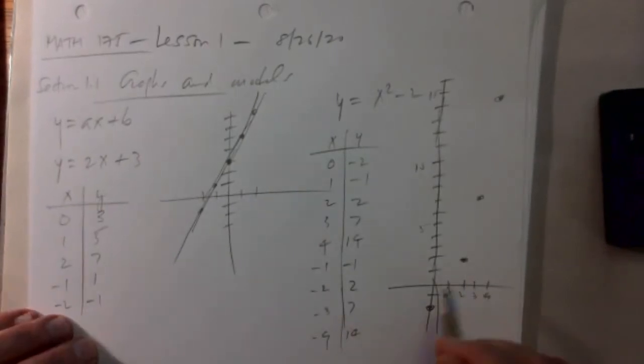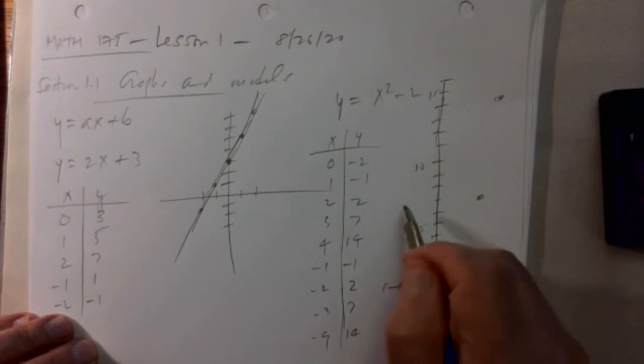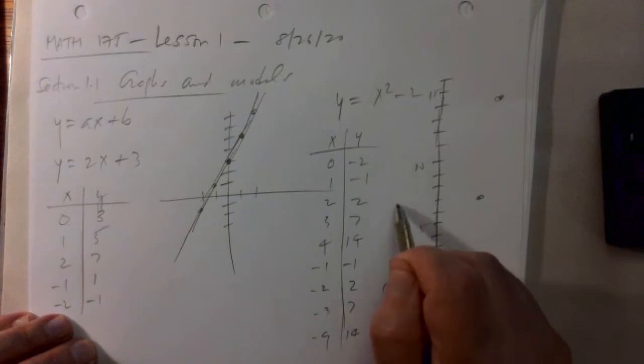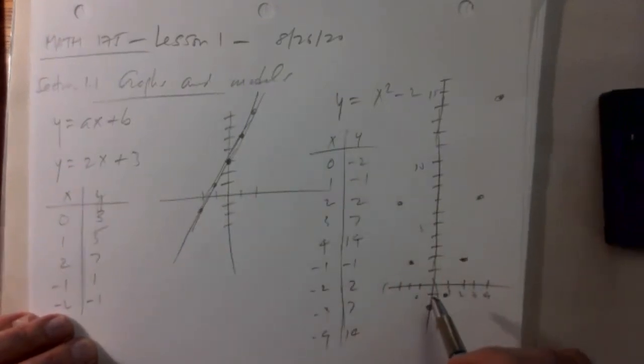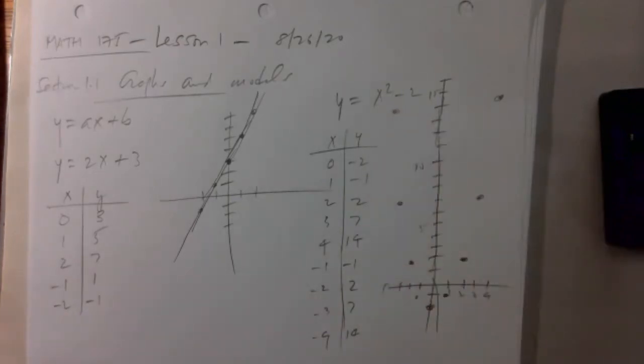So if we plug in those values, at minus 1 it's minus 1. At minus 2, it's 2. At minus 3, 7. And at minus 4, 14.